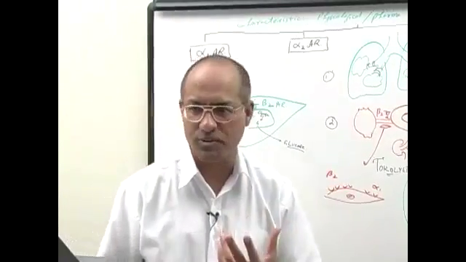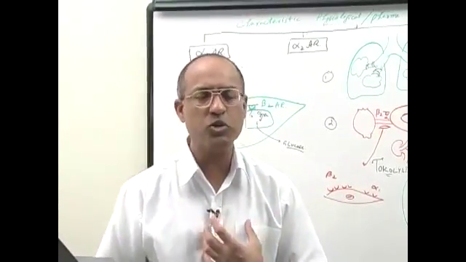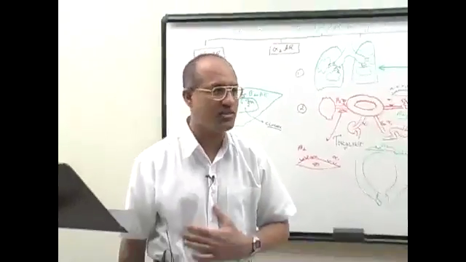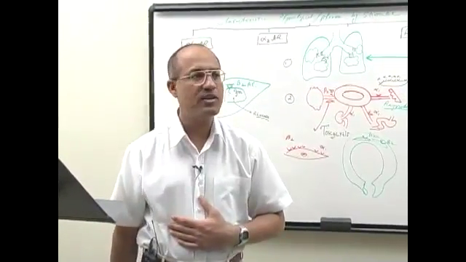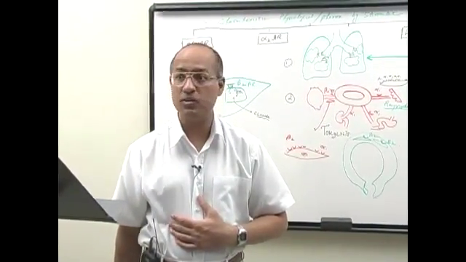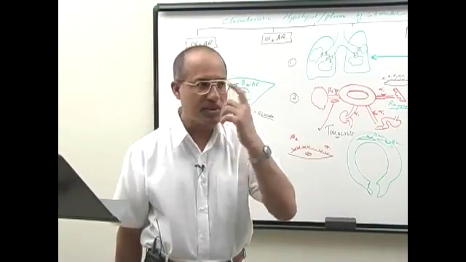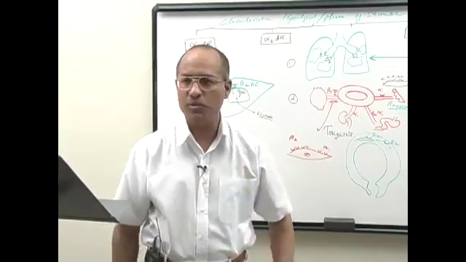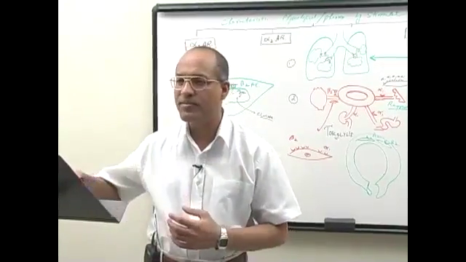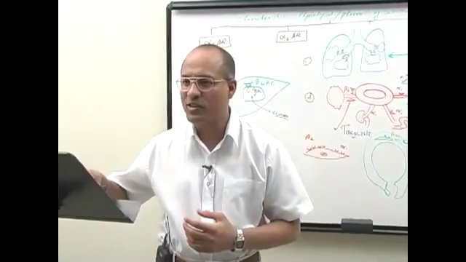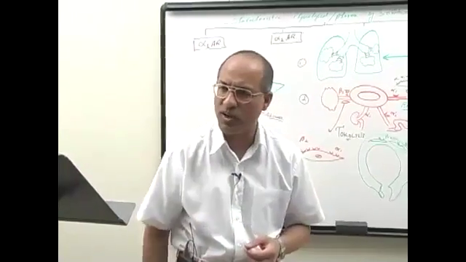Now let me tell you another thing. Whenever you have hypoglycemia, listen carefully. Let's suppose due to any reason I get severe hypoglycemia. Hypoglycemia stimulates the sympathetic nervous system strongly, and the sympathetic nervous system produces the warning signs of hypoglycemia. What are the warning signs?